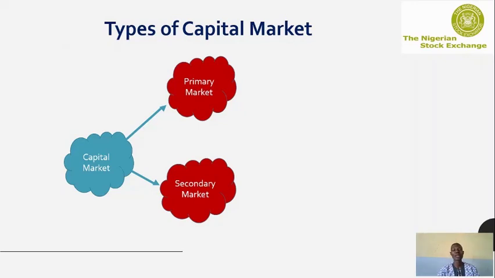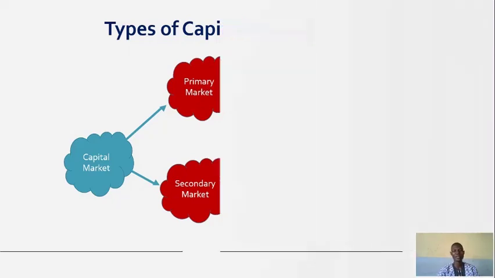We are going to look at the types of capital markets. We have 2 types of capital markets. Number 1, we have the primary market. 2, we have the secondary market.